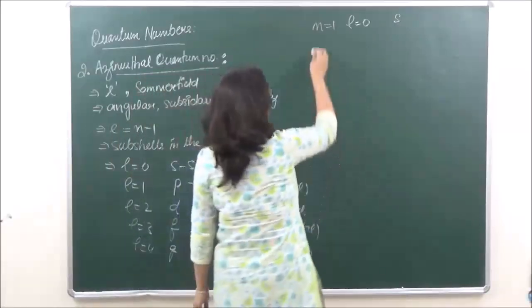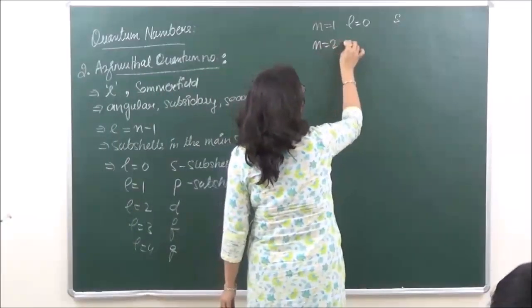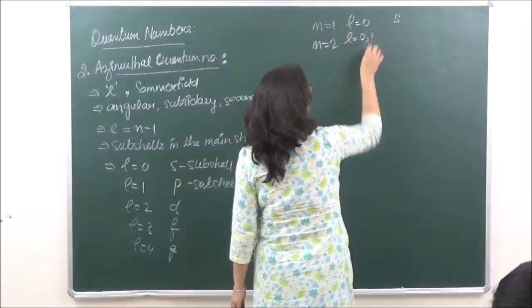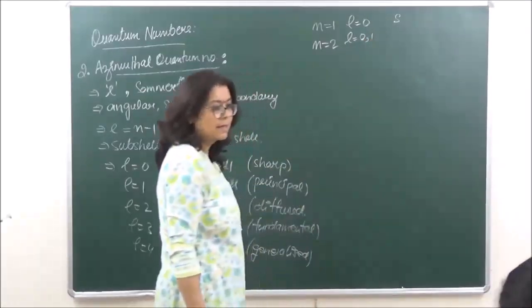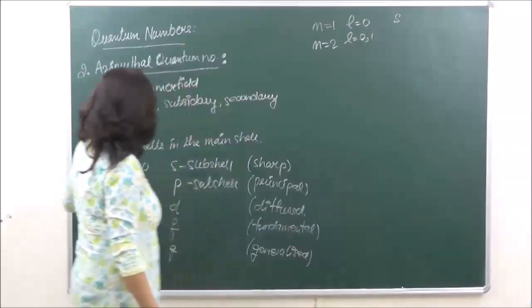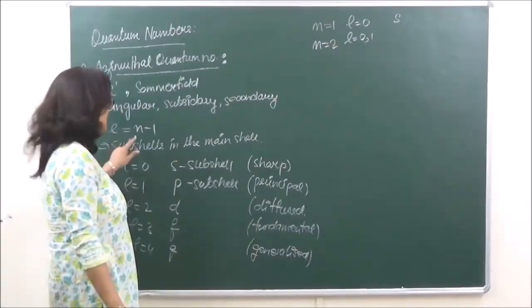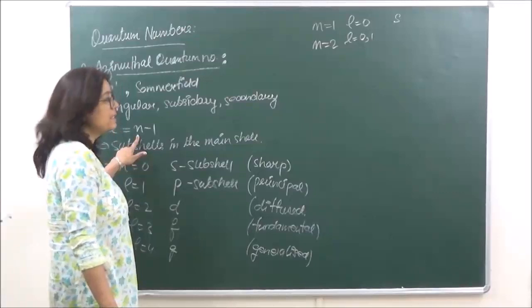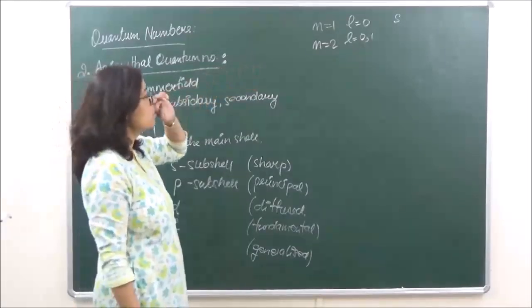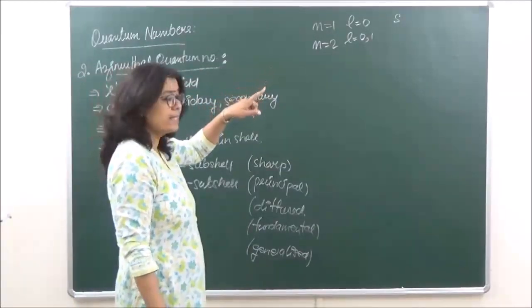If n is equal to 2, L can have two values, 0 and 1. Anything else, because we can see over here that the value of L is equal to n-1, so it has to be less than n. Okay? So we have n is equal to 1, L is equal to 0, S.